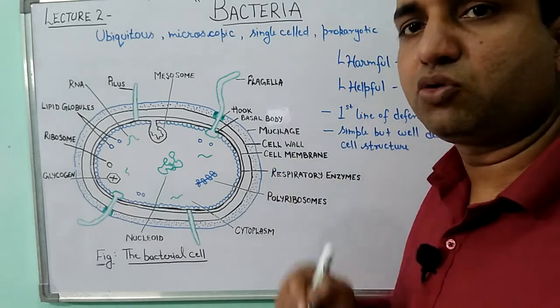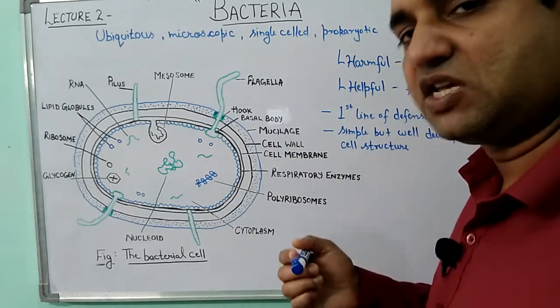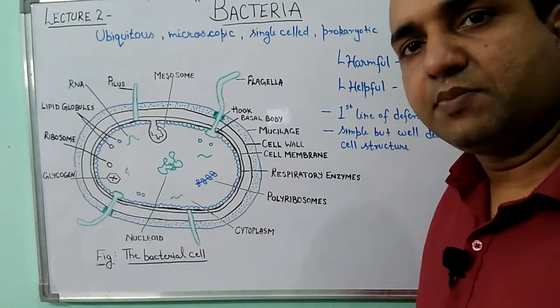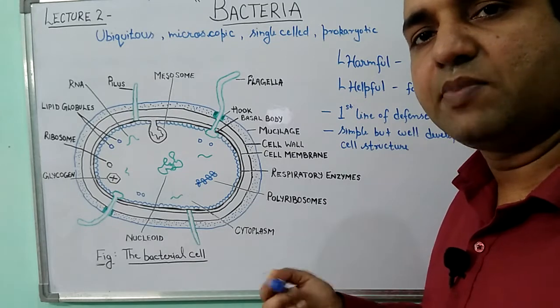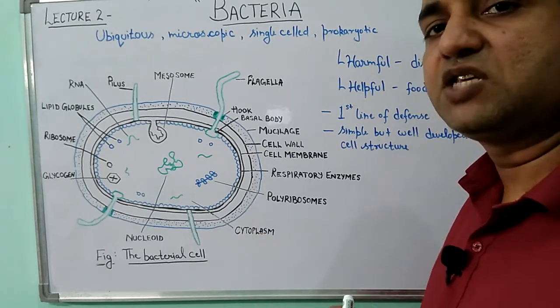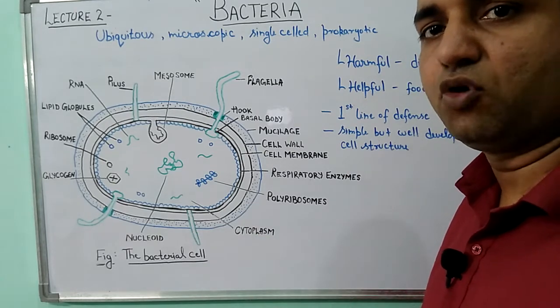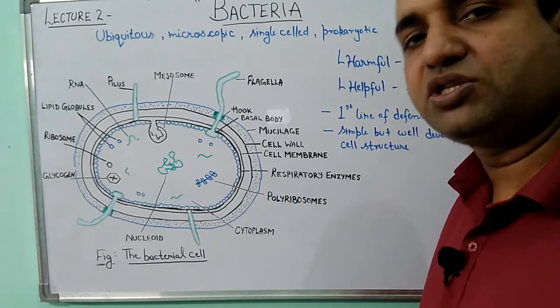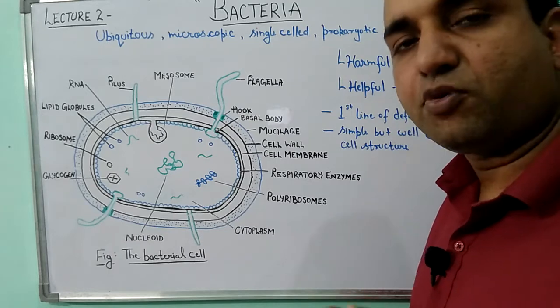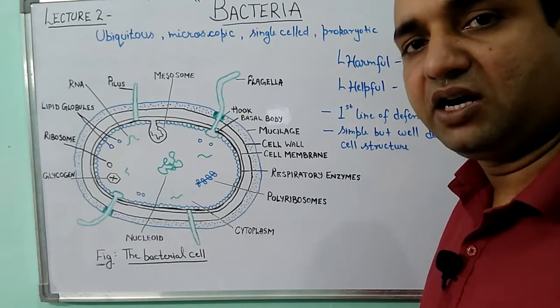This is a very important question which has been asked several times in many examinations: are teichoic acids found in the gram positive or the gram negative bacterial cell wall? You should say it is found in the gram positive bacterial cell wall. They are negatively charged, and therefore they give the overall charge of the gram positive bacterial cell as negative.